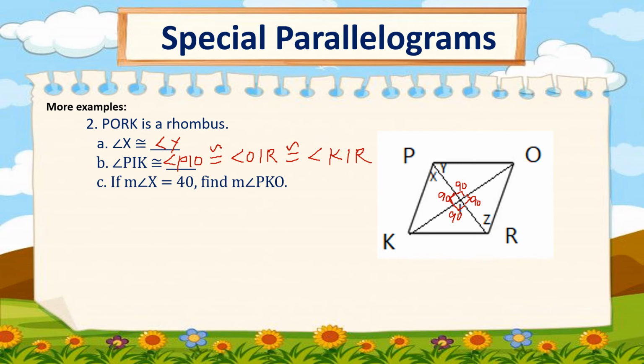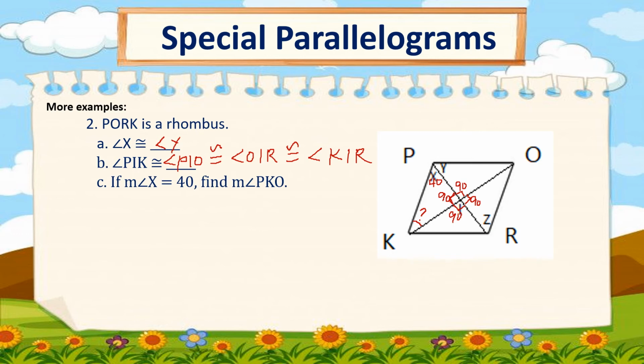Letter C. If the measure of angle X is 40, find the measure of angle PKO. So we are asked to find the measure of this angle.